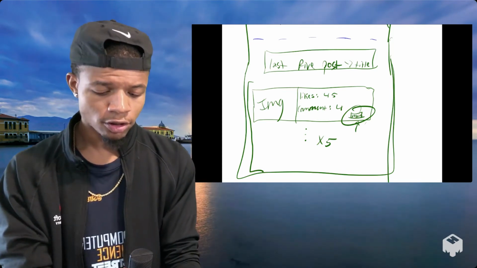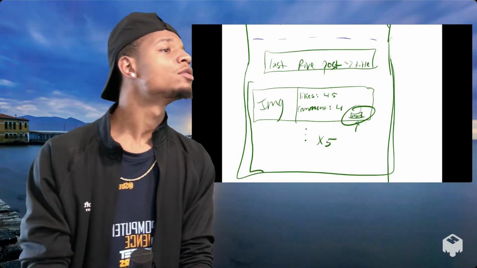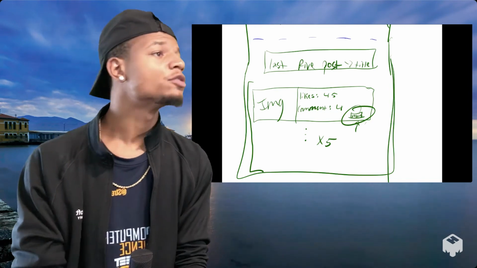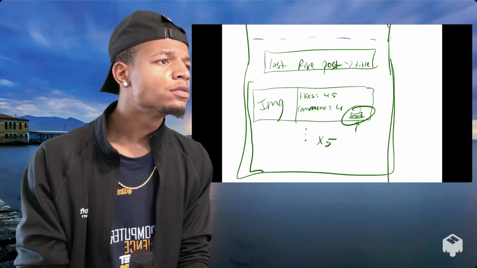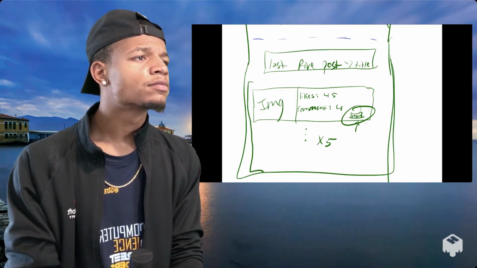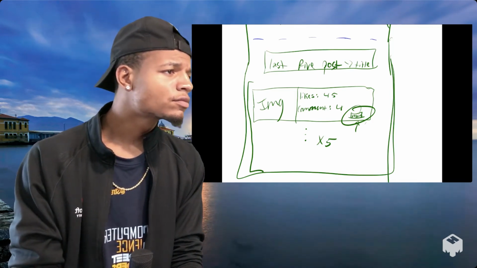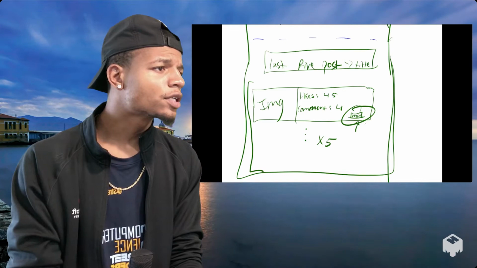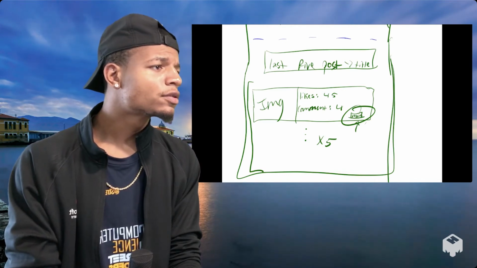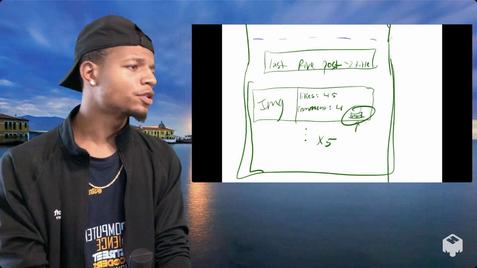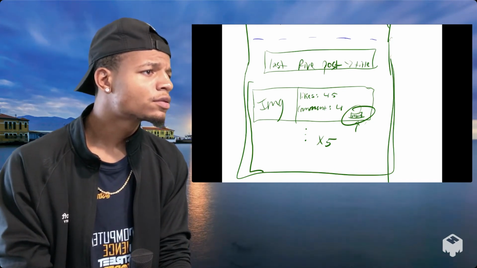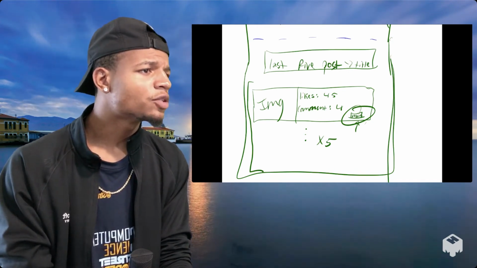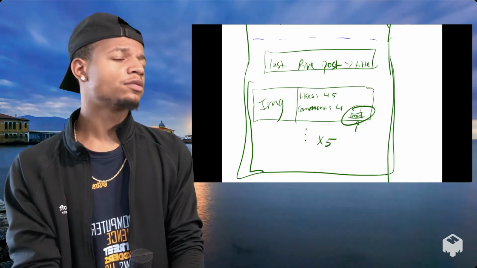Install material UI icons. Oh, that's exactly what I did. npm install. Oh, no, that's core. I need the icons. Yeah, most definitely just did that. Okay, cool. I ain't tripping.